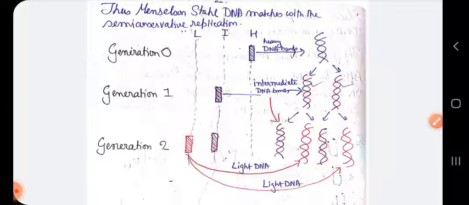But here we see that all the DNA bands are intermediate. It means the DNA bands consist of heavy nitrogen as well as light nitrogen. So this proves that when a DNA molecule makes a copy, the new DNA molecule will contain one parental strand and one newly synthesized strand.